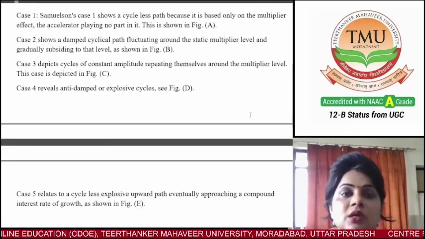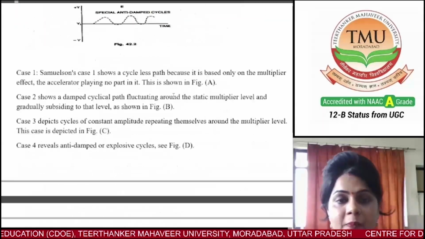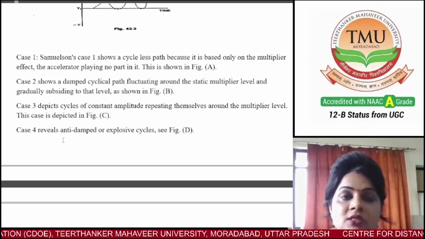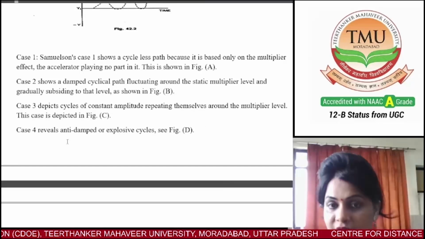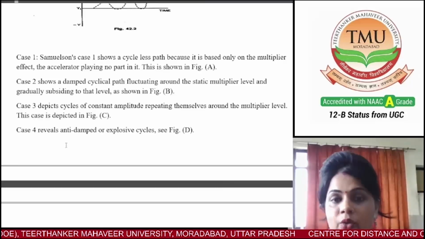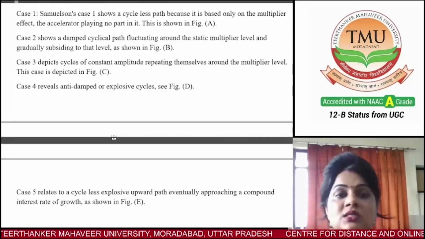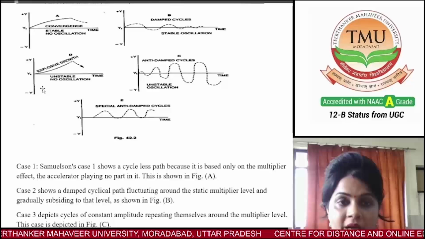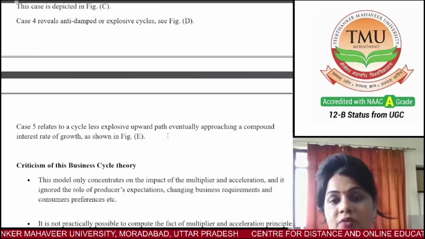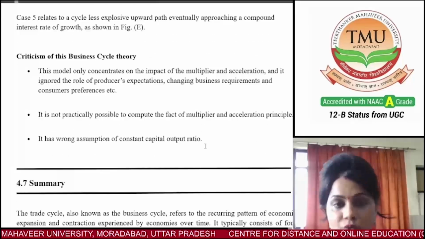Case 2 shows a damped cycle path fluctuating around the static multiplier level and gradually subsiding to that level, as shown in figure B. Case 3 shows cycles of constant amplitude repeating themselves around the multiplier level, depicted in figure C. The last reveals an anti-damped and explosive cycle, and a cycleless explosive upward path, eventually approaching a compound interest rate of growth.